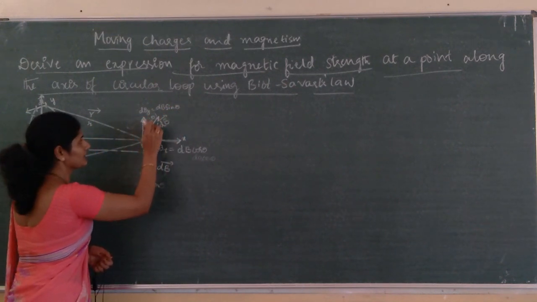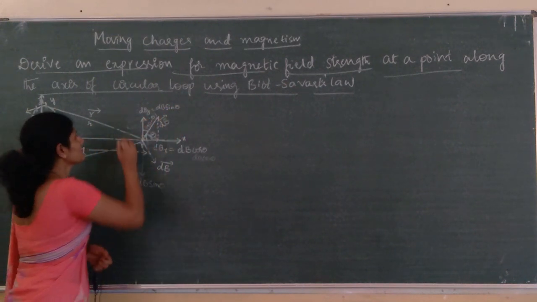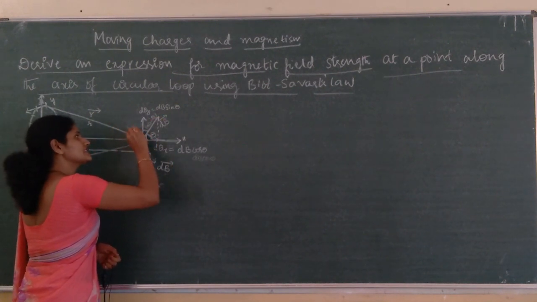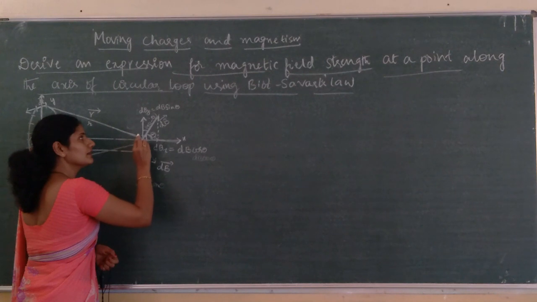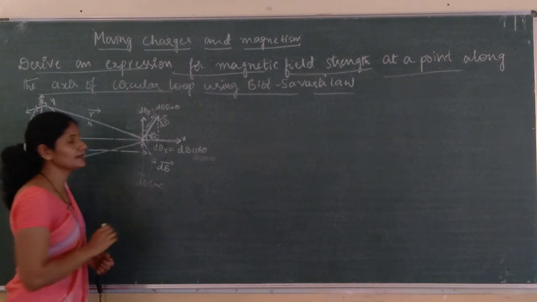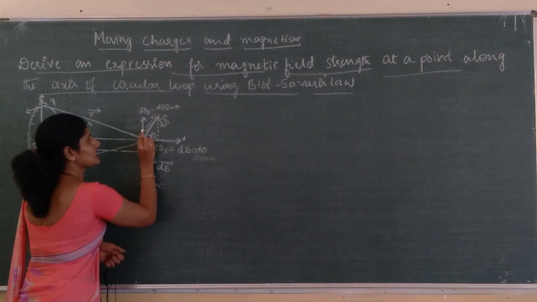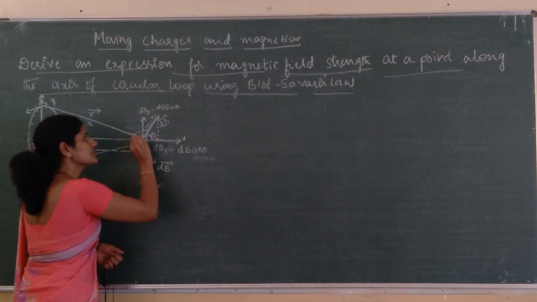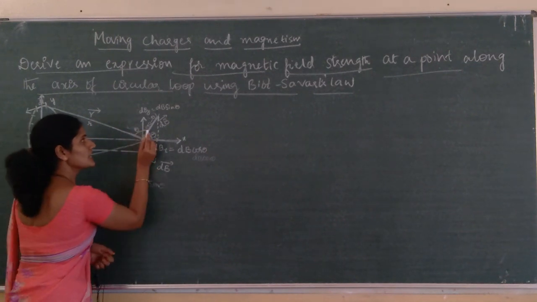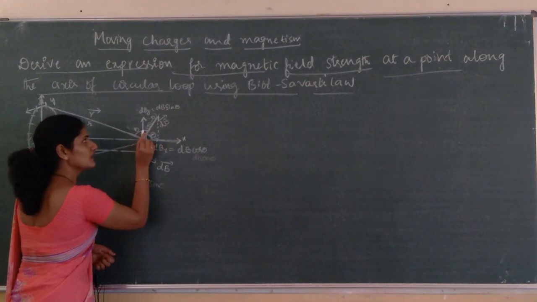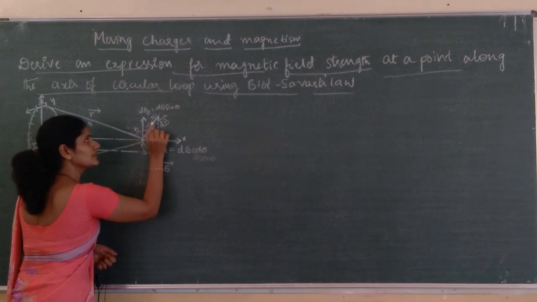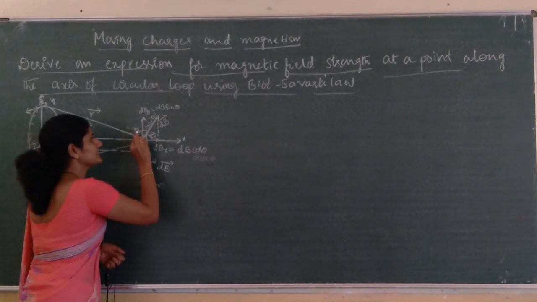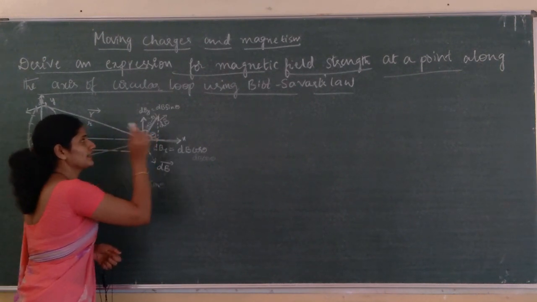So this is 90 minus theta. Now this is 90 degree, this angle is 90 minus theta, that means this is theta, because 90 minus theta plus theta is nothing but 90 degree. So this angle is theta, this is 90 minus theta.